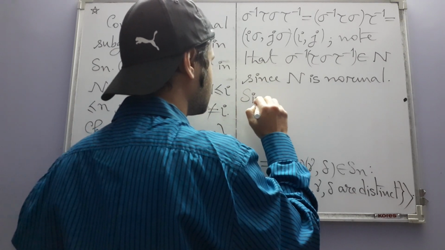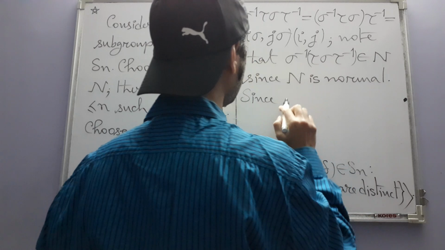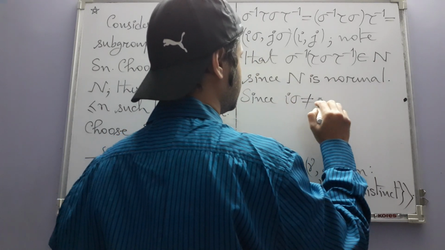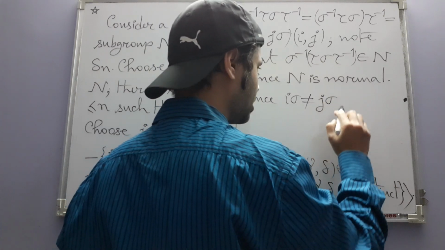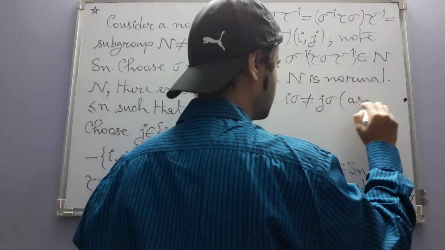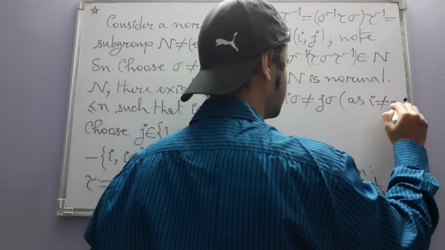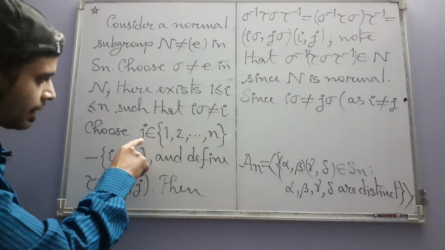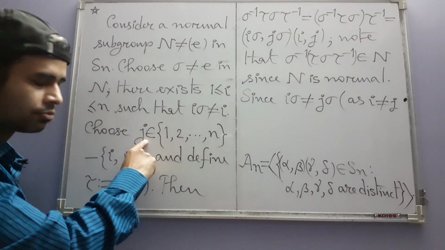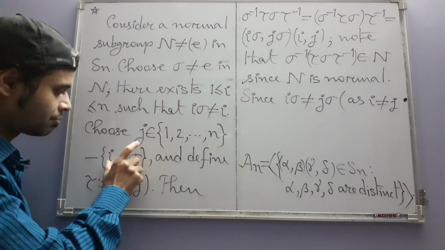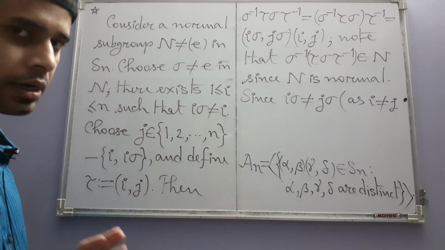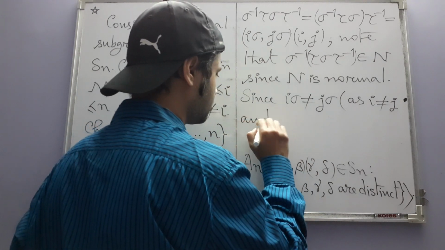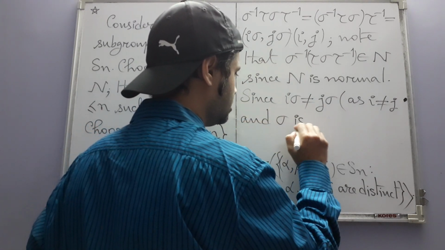Since I sigma is not equal to J sigma, why? As I is not equal to J. Why is I not equal to J? Because you see, according to the choice of J, J is different from both I and I sigma. So J is not equal to I, and sigma is injective.